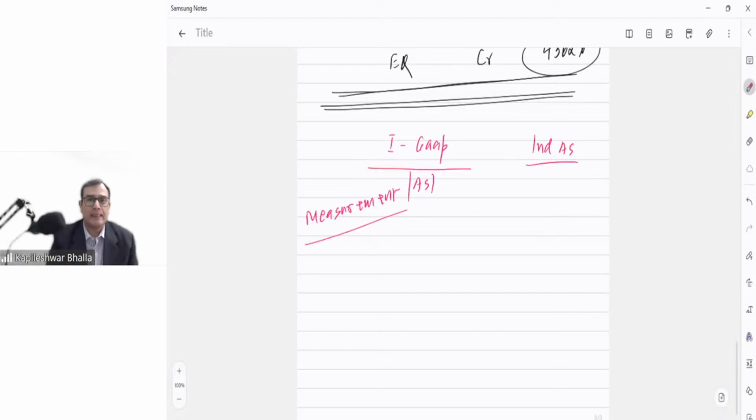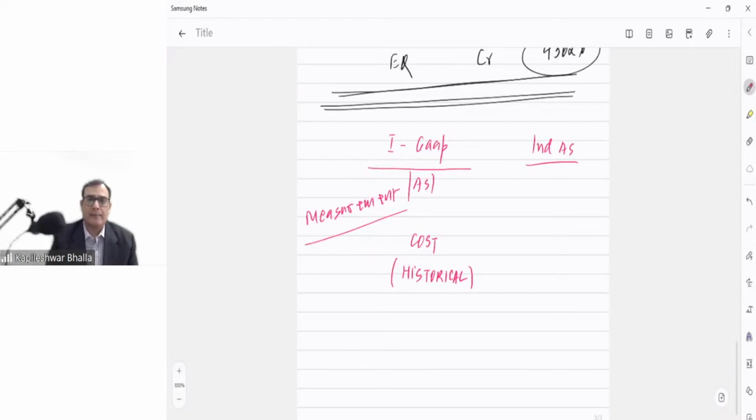If you look at IGAAP, largely the accounting was based on what we call a cost approach, which we technically call a historical cost approach. Now, let me tell you, my discussion is with reference to Ind AS 109. I'm not talking in terms of journal entries, but in terms of the measurement aspects related to Ind AS 109.